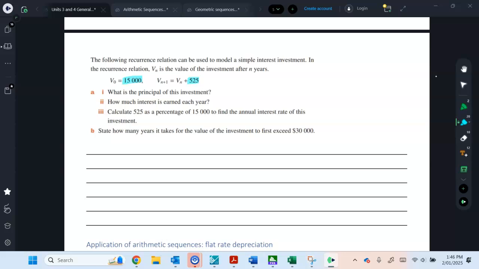Part 3, calculate 525 as a percentage of 15,000 to find the annual interest rate of this investment. If we're calculating a percentage of something, we take the value, 525, divide it by what it is out of, and multiply by 100 to turn it into a percentage.